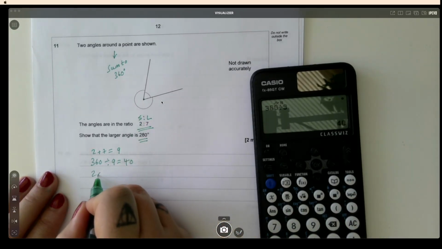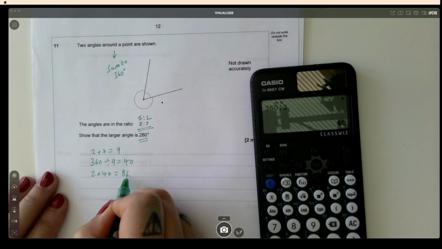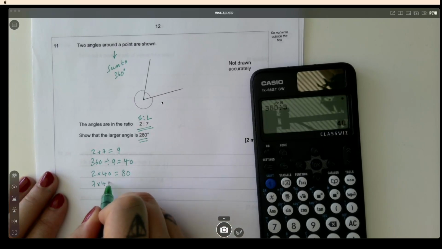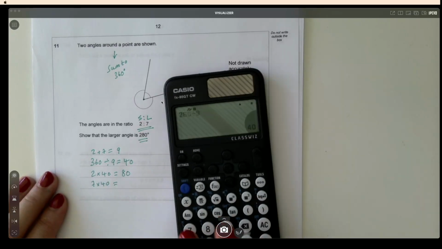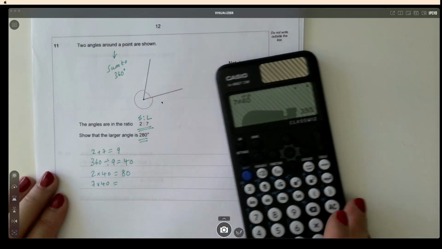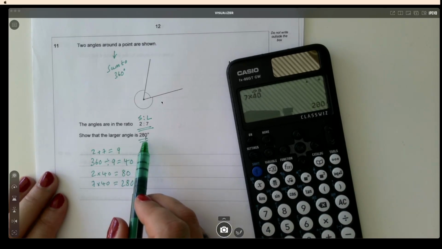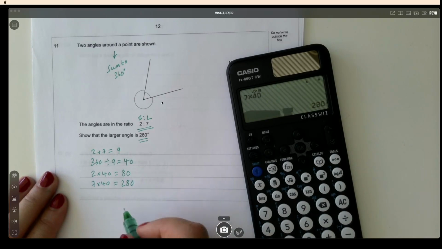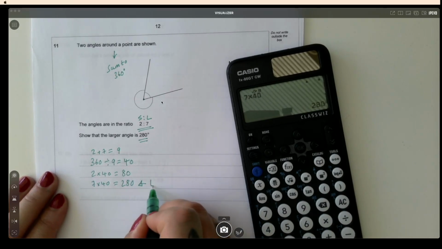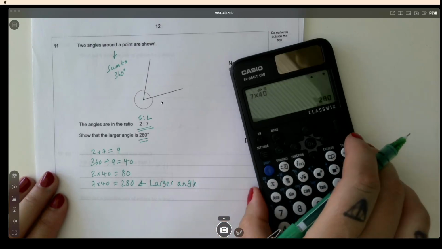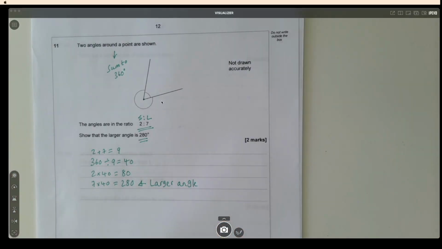So the smaller angle is 2 times 40, which is 80. And the larger angle is 7 times 40, which is 280. It wants us to show that the larger angle is 280. Just label it in some way to identify which one you believe is the larger angle, and then we're done.